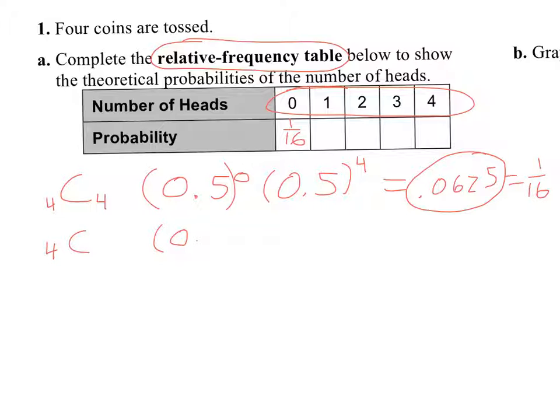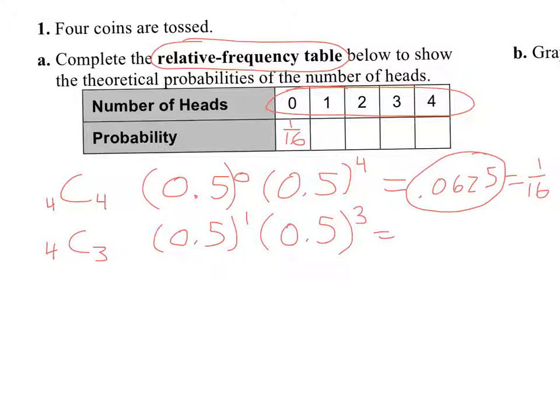Okay, so now what if we want to get heads once? That means we need to get tails 3 times. So in front we need 4C3, or 4C1 would also work. 4C3 is equal to 4. If I have 4 people, how many different ways can I choose 3 of them?